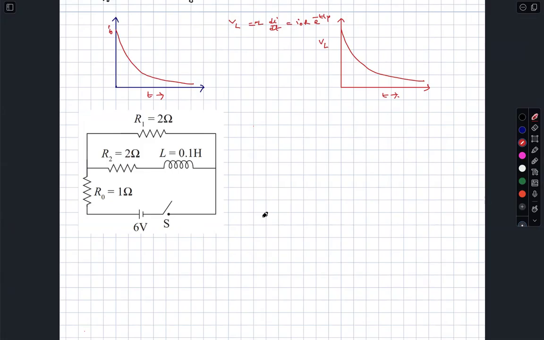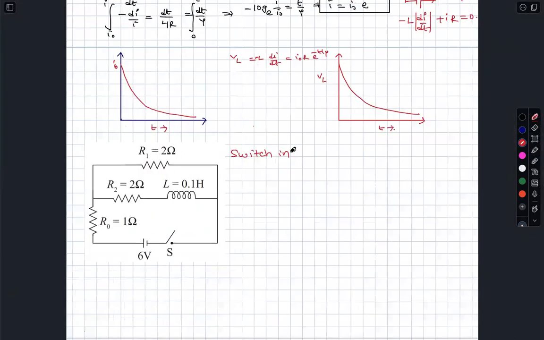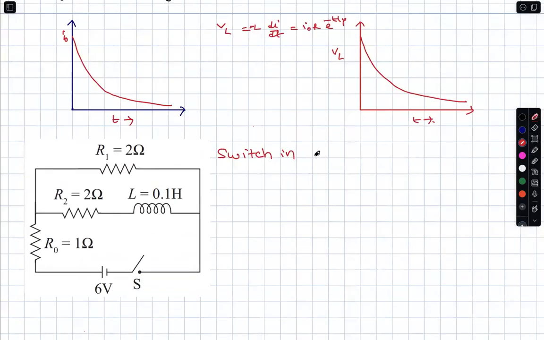Now you see, in such circuits, how to handle. What they will inform is that the switch in the circuit is closed at t is equal to 0.